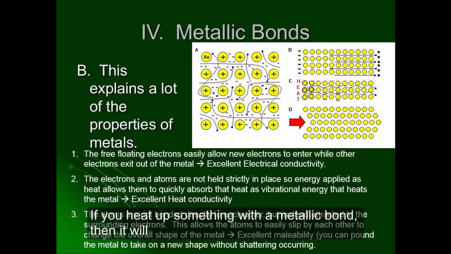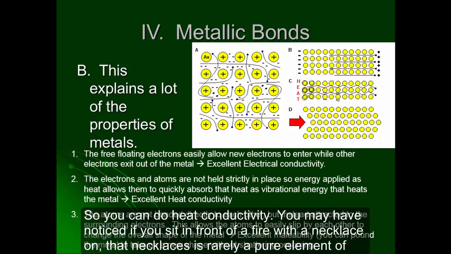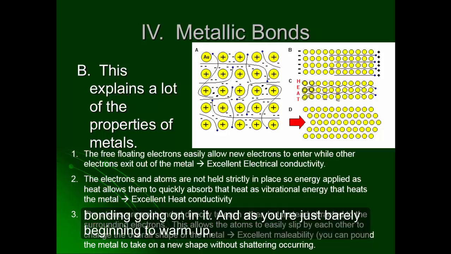If you heat up something with a metallic bond, then it will allow that to vibrate, and so they end up being able to heat up really fast. So you can do heat conductivity. You may have noticed if you sit in front of a fire with a necklace on, that necklace is rarely a pure element of any sort, but it has metallic bonding going on in it.